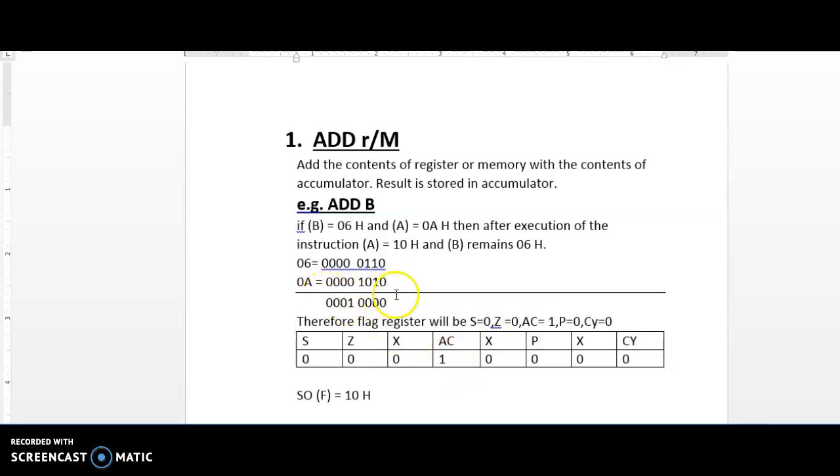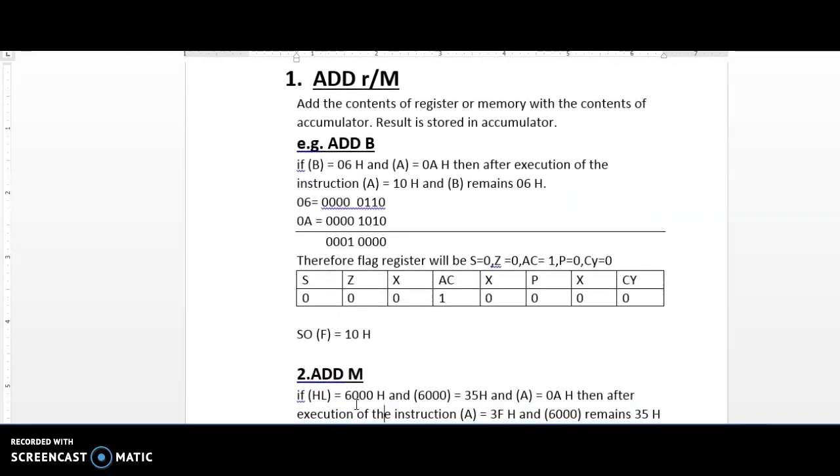The number of ones in the answer is 1, that is an odd number of ones, that is odd parity. Therefore the parity flag is 0. And there is no carry out, so your carry flag is 0. So the flag register will have the answer as 010 in it.